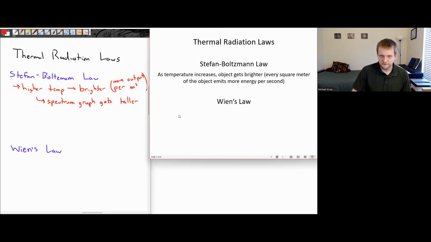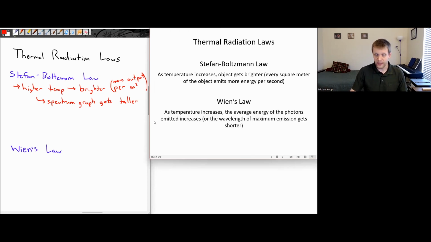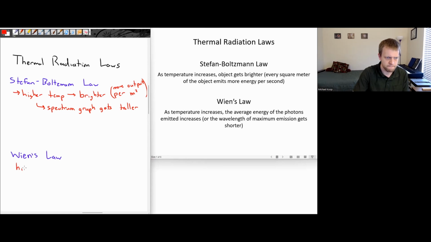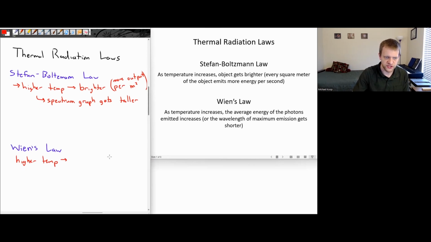And then we also have Wien's law. In practical purposes, it's basically saying as the temperature increases, the average energies of the photons that are emitted also increases, or that wavelength of maximum emission gets shorter. So higher temp implies higher average photon energy.